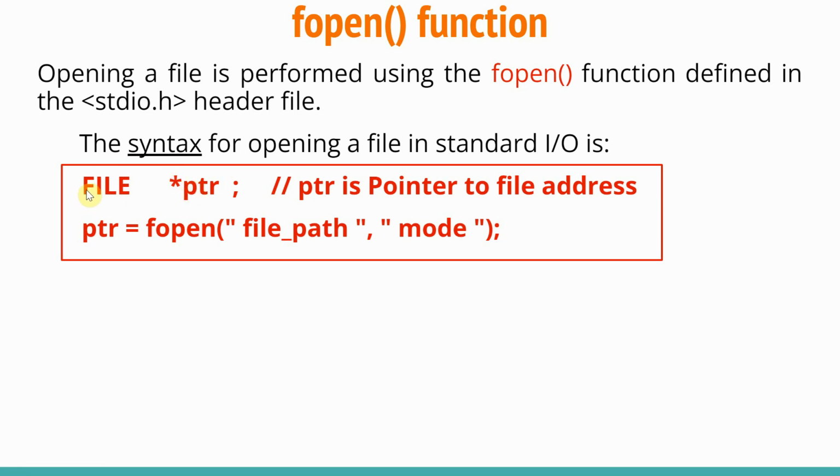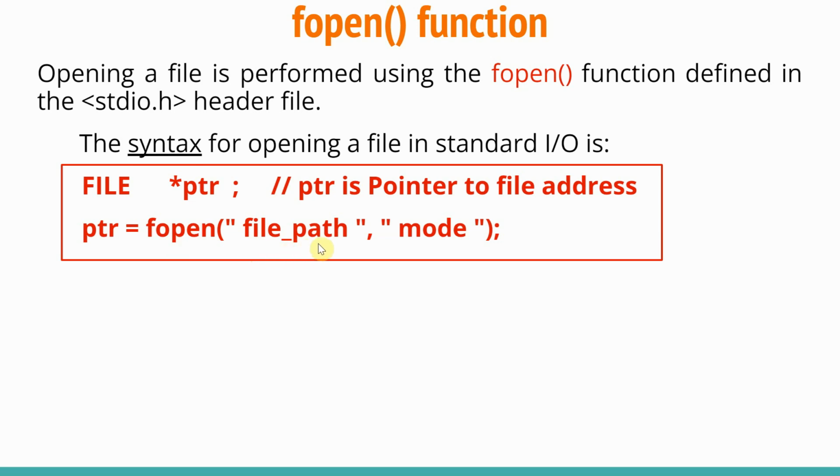So always you need to write this word FILE, and you need to declare a variable, some ptr, which is prefixed with a star. So here star actually means ptr is a pointer to the file address. So whichever address is there, that will be stored in this ptr.